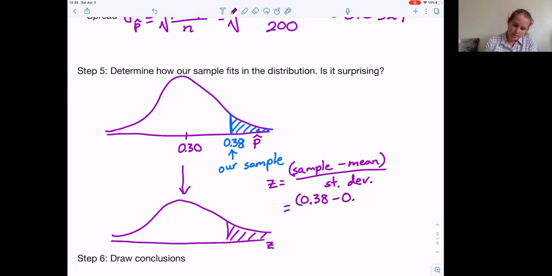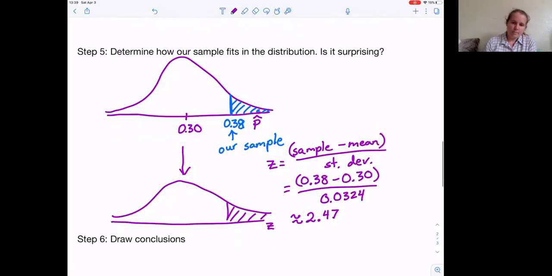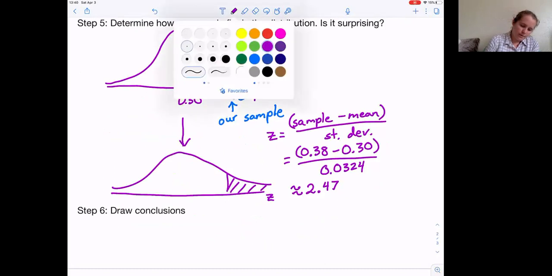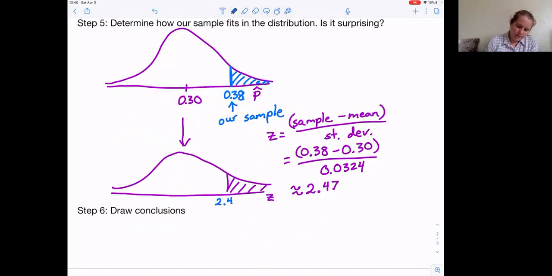We'll subtract 0.30 and then divide by that 0.0324 we found earlier. If we do that, we wind up getting 2.47 approximately. So this is our z-score. I'm going to give myself a little more room.